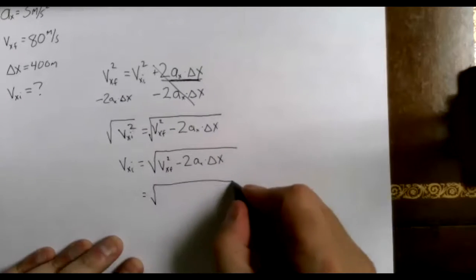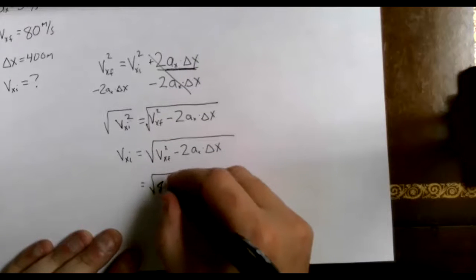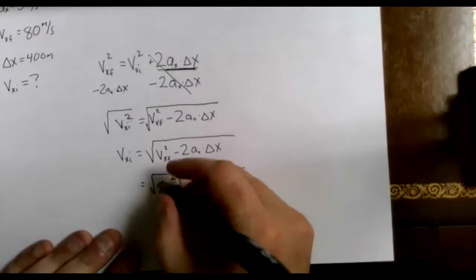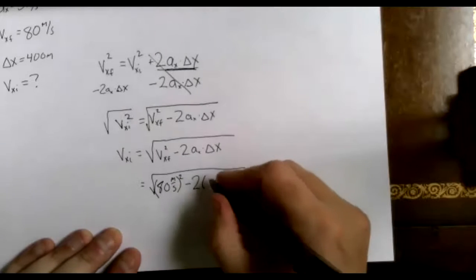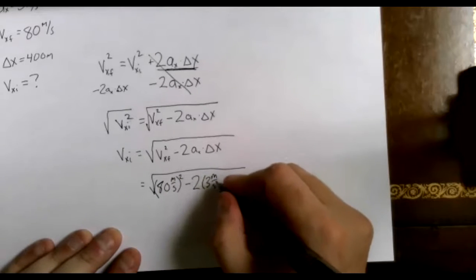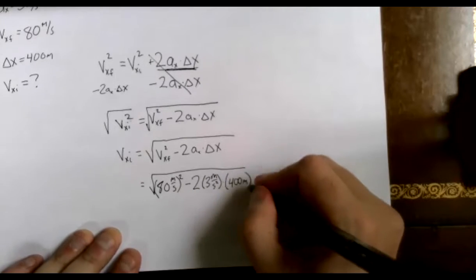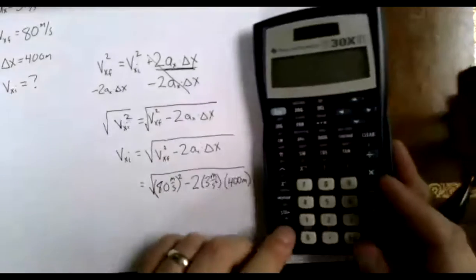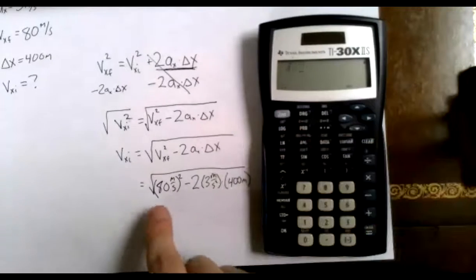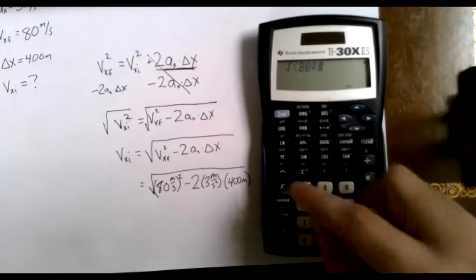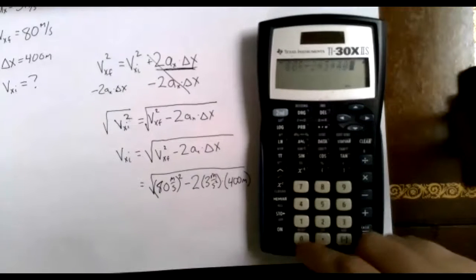To get my VXI, it's going to be the square root of the final velocity squared, so that's 80 meters per second squared, minus 2 times acceleration, which was 3 meters per second squared, times delta X, which was 400 meters. So plugging this in, I'll do the square root of 80 squared minus 2 times 3 times 400.